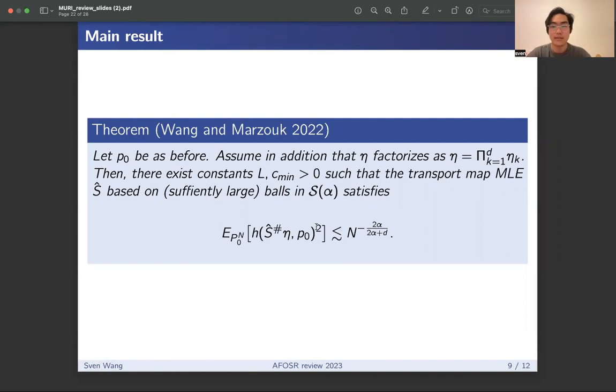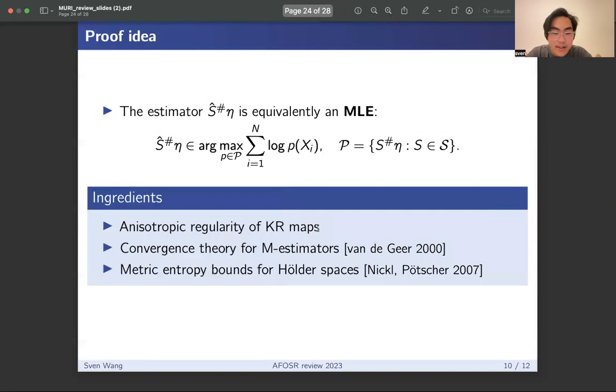So this shows that, at least in terms of rates of convergence, S of alpha is the correct class to look at. The proof idea, due to time, I'll be very brief, uses essentially methods from M-estimation, from maximum likelihood estimation, that have been developed by Sara van de Geer and a few others about 10, 20 years ago, and that continue to be used a lot in nonparametric statistics.